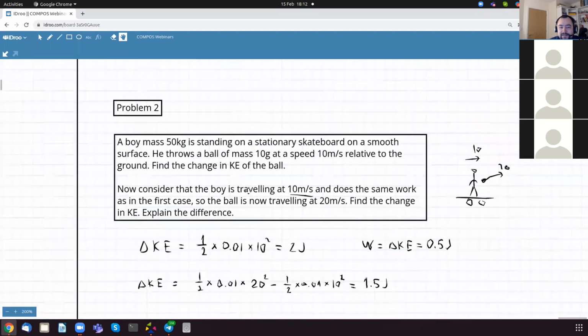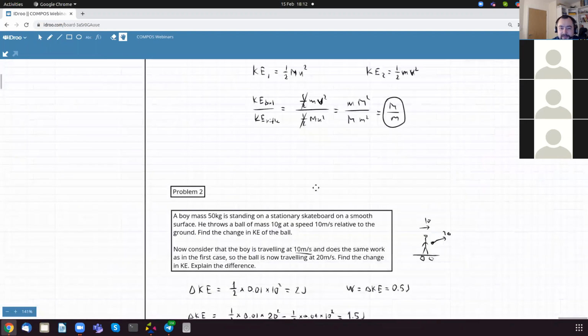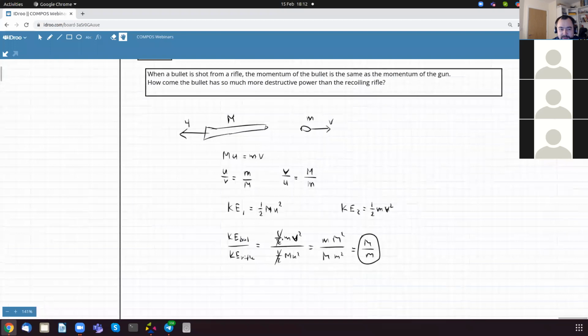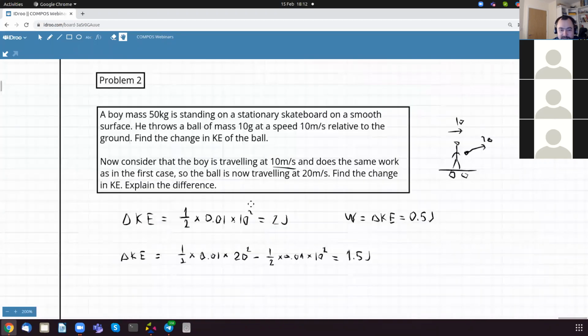And really, considering the previous example, the boy is so much heavier than the ball.